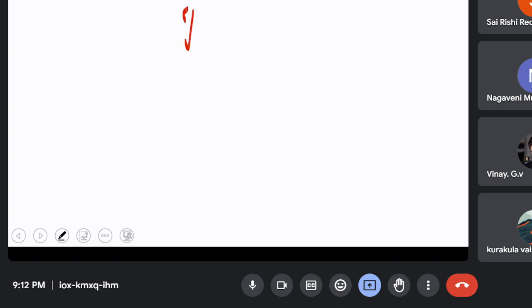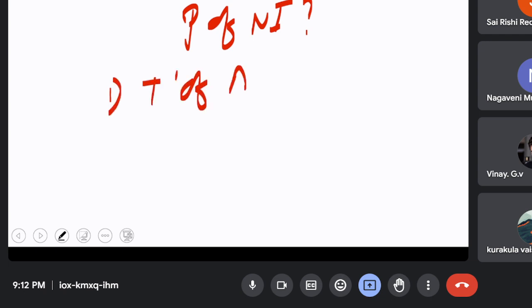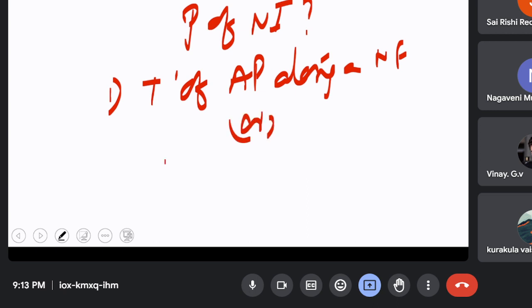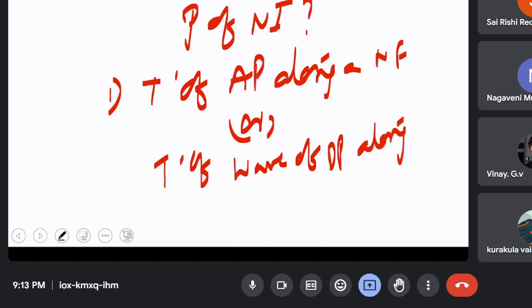So what actually is propagation of nerve impulse? We can simply define it as the transmission of action potential along a nerve fiber. This is the simplest answer. We can also call this the transmission of a wave of depolarization along a nerve fiber.